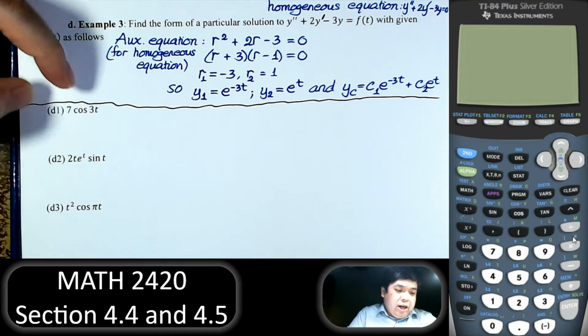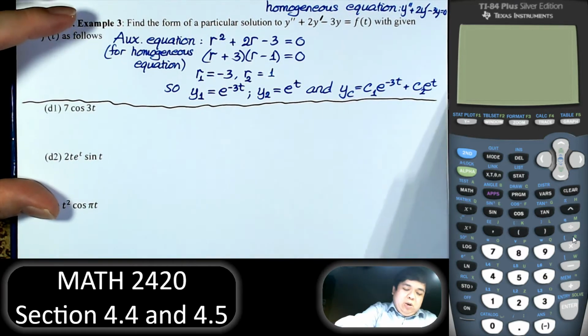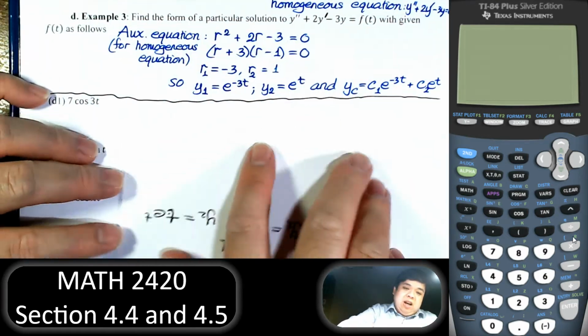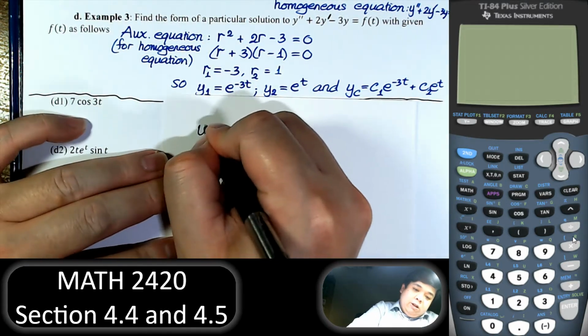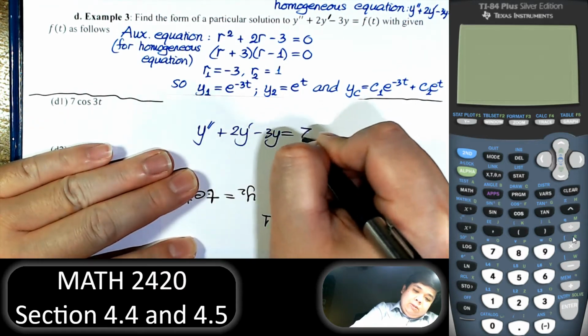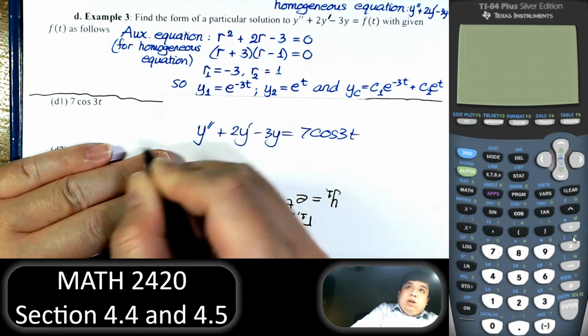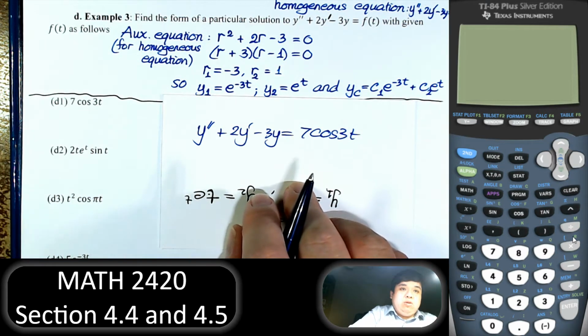Right. First, we look at this. The input function f of t is equal to 7 cosine 3t. So the left hand side is that, and now the equation is in this form. The right hand side is given equal to those functions.